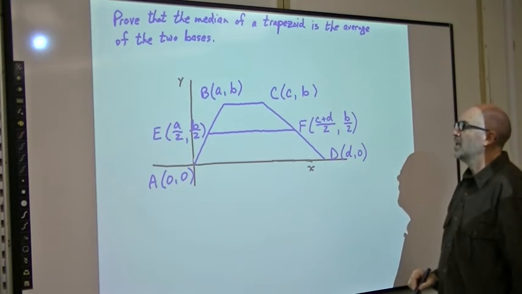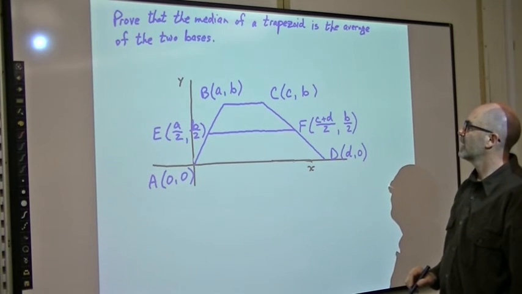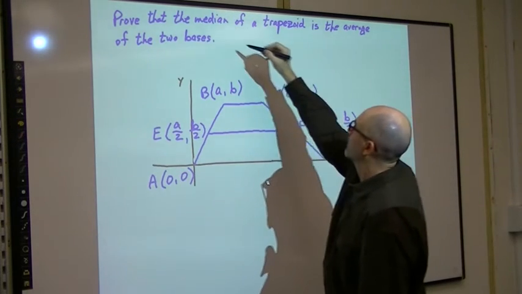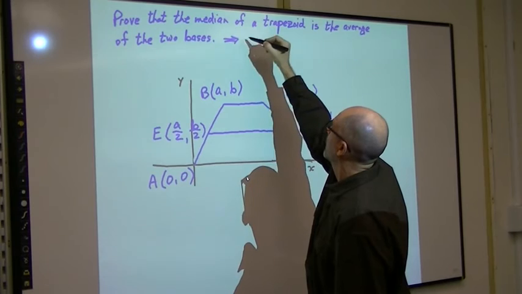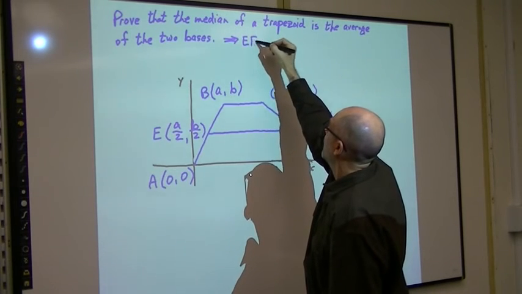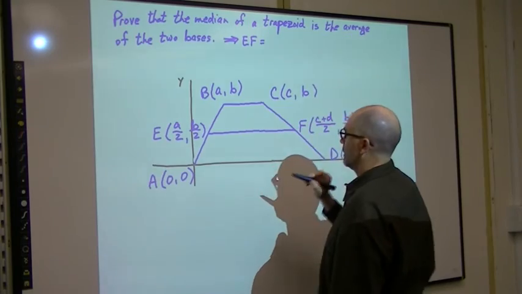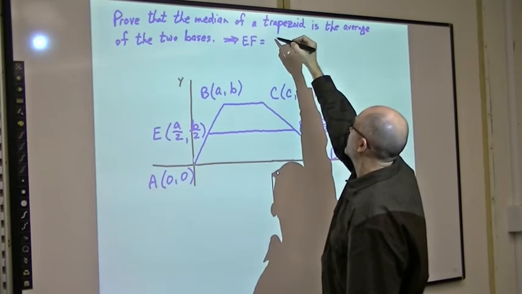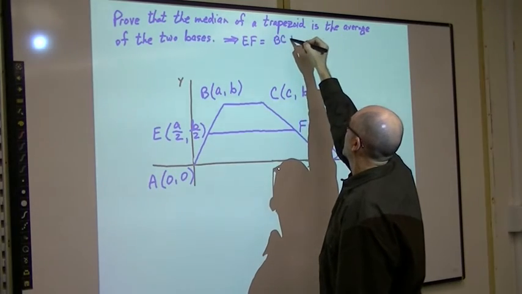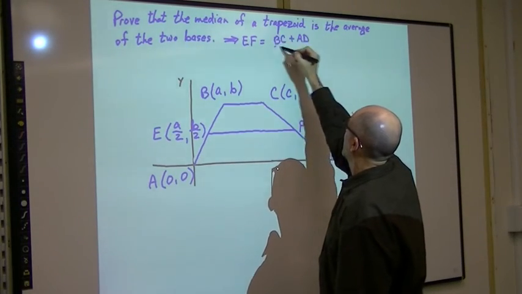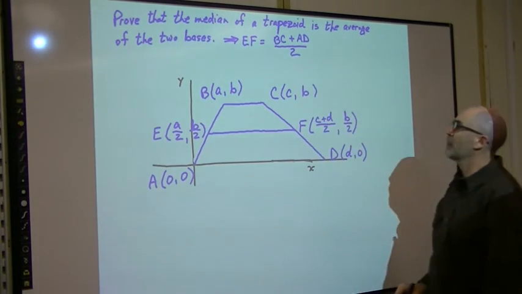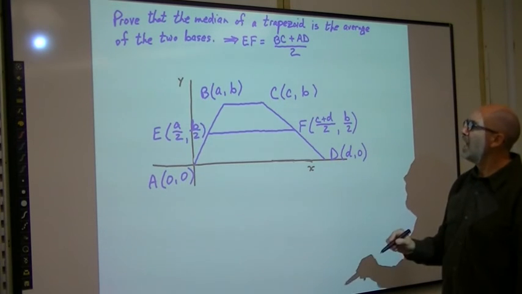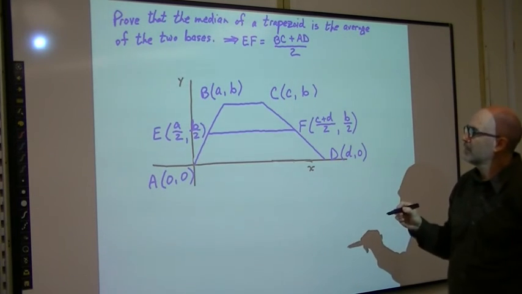All right. Now, what we're trying to prove is that EF equals BC plus AD divided by 2. The average of the two bases. Okay, so now I need BC.